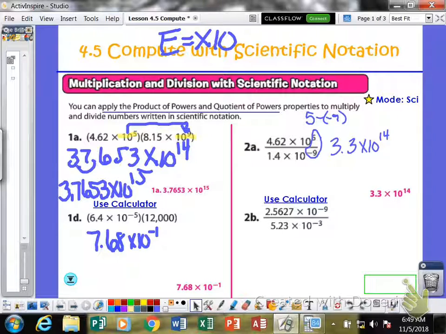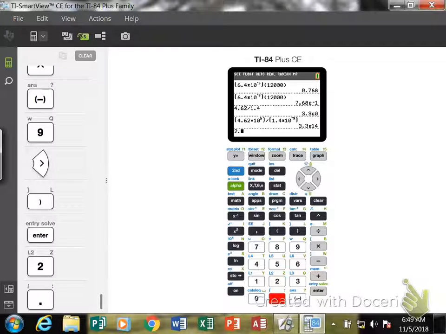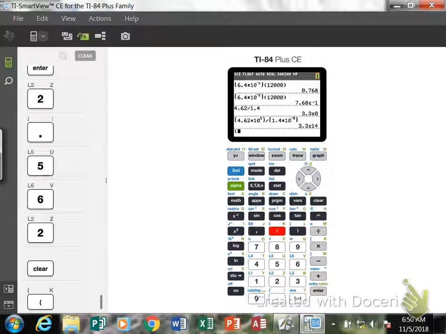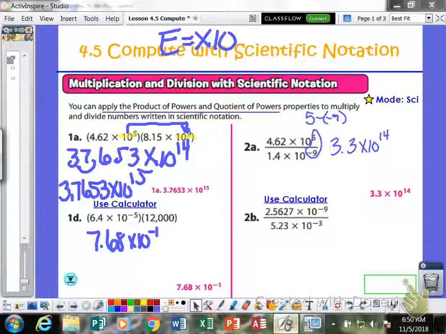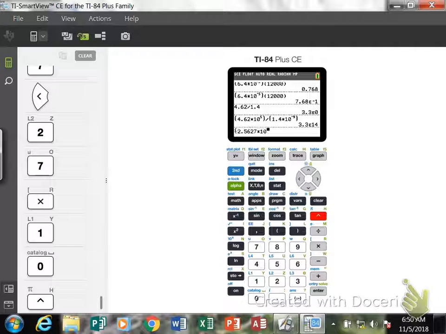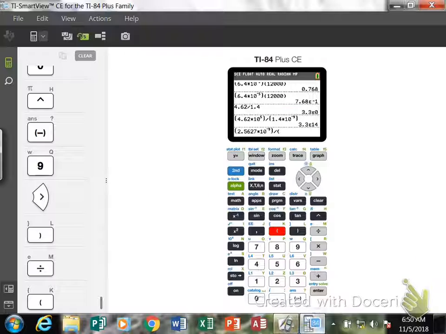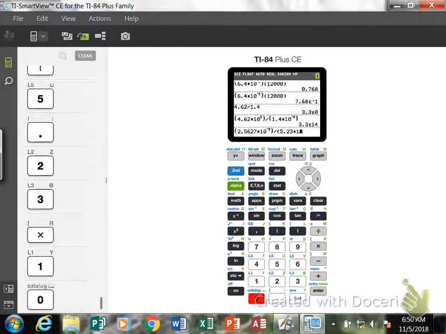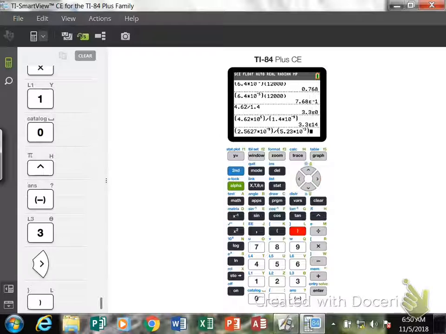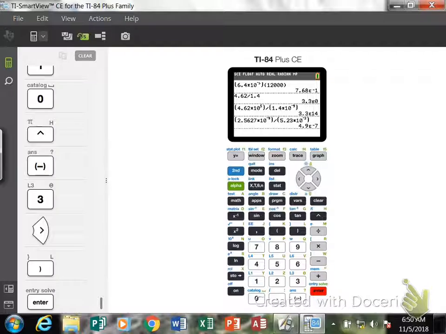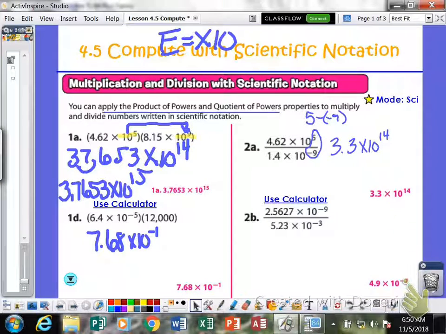So 2.562, oh, forgot my parentheses. 2.5627 times 10 to the negative 9, close the parenthesis, arrow out, close the parenthesis, divided by parenthesis, and the other one was 5.23 times 10 to the negative 3rd, arrow out, close the parenthesis, enter, and 4.9 e to the negative 7, but we write it as 4.9 times 10 to the negative 7th. So that's how we're going to use our calculators.